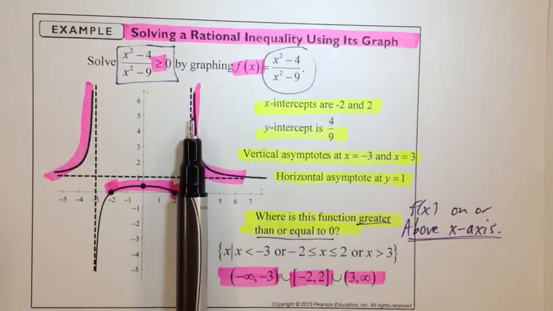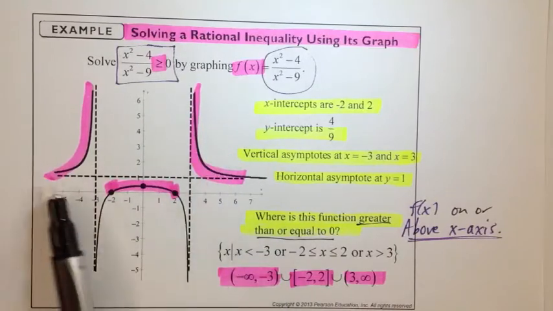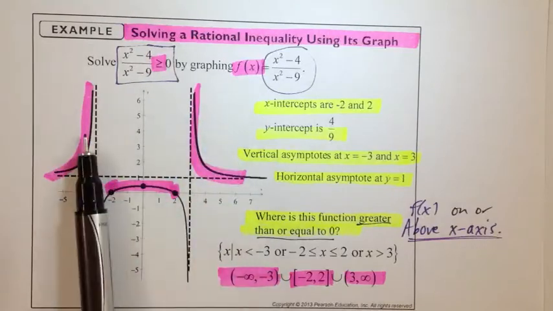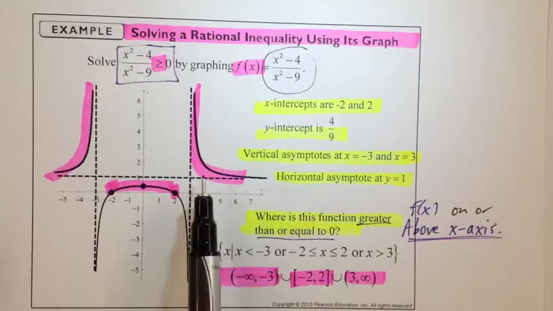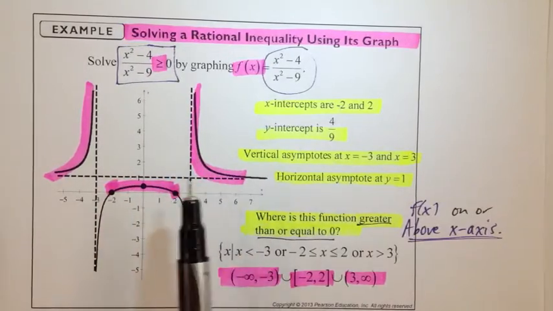And then to the right of 3, from 3 to infinity, the values of the function remain positive. They all remain on those intervals to the right of 3 and to the left of negative 3, above that horizontal asymptote. That's what the horizontal asymptote is for. It provides a landing strip for the graph.